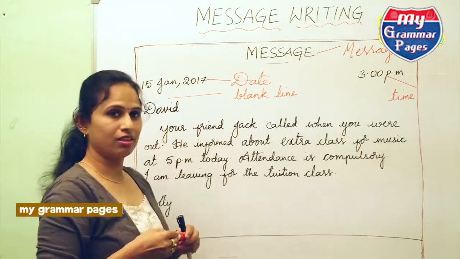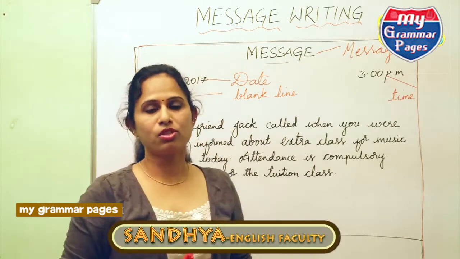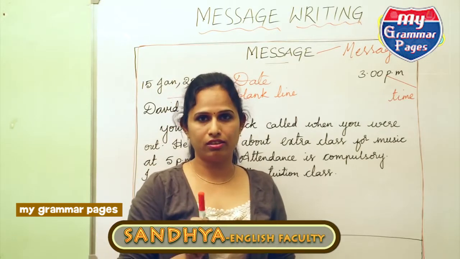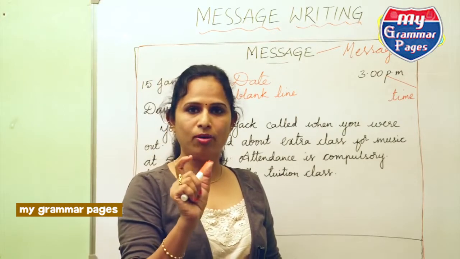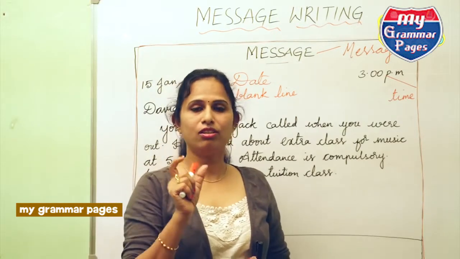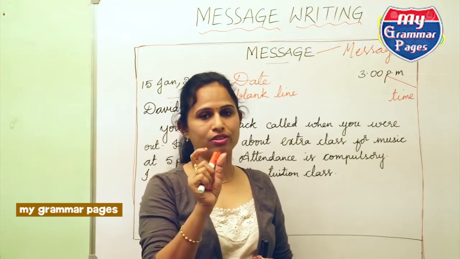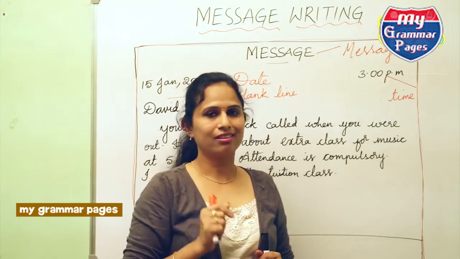Coming to the salutation, I do want to tell you something. Sometimes when you are writing to known persons like your mother, father, brother, sister, just write only the relation. Mom, dad, cousin, brother or sister. Sometimes you can use even the addressing like dear mother, dear father, dear brother. Nothing wrong in that.